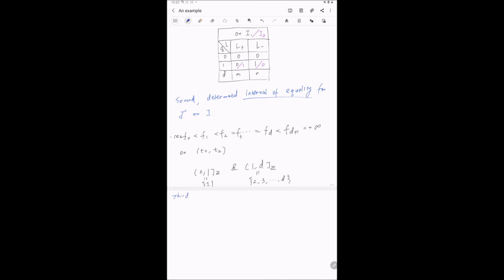In the third step, we compute M plus of I, P, Q, which is a number that only depends on f, I, P, Q. What we will do is use this table.